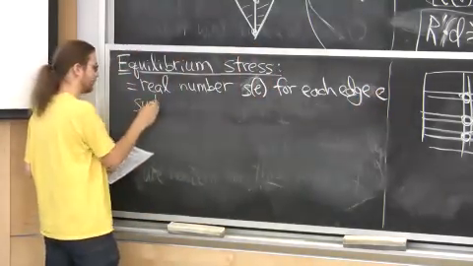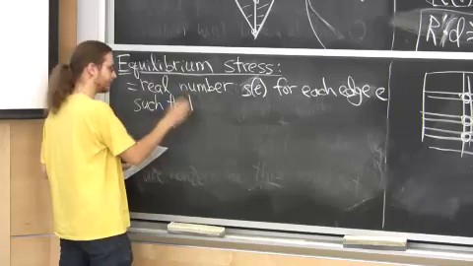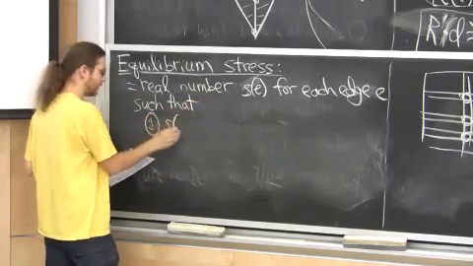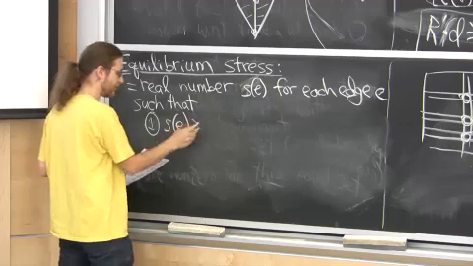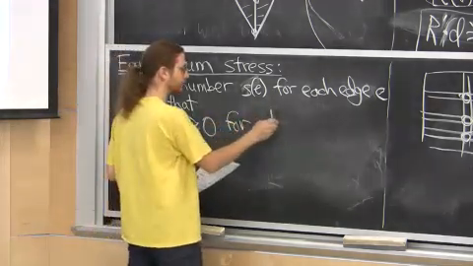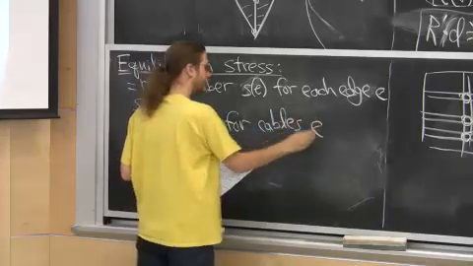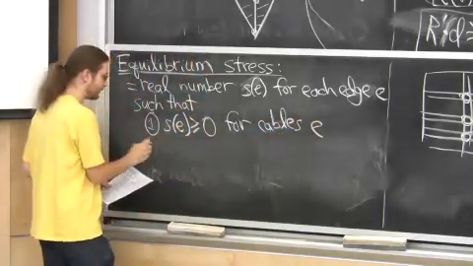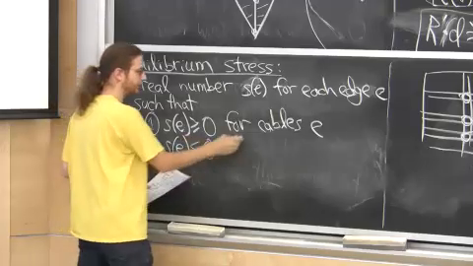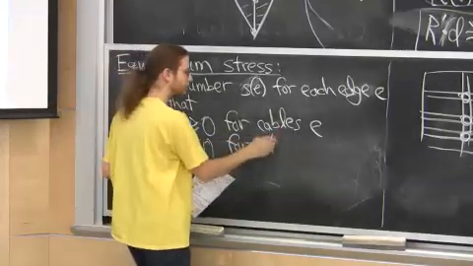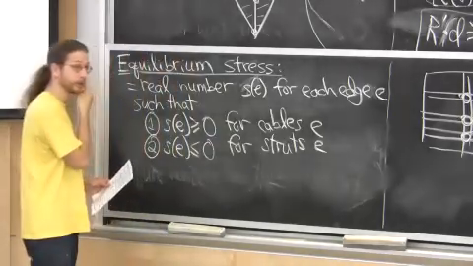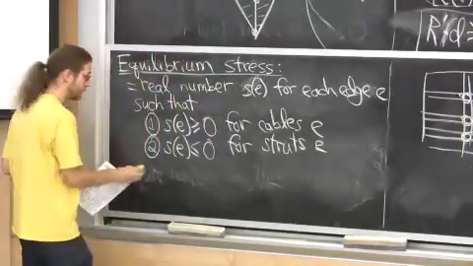And it has to have 3 properties. If I have a cable, then that number should be non-negative. If I have a strut, it should be non-positive. If I have a bar, I don't care. It can be positive or negative or 0.